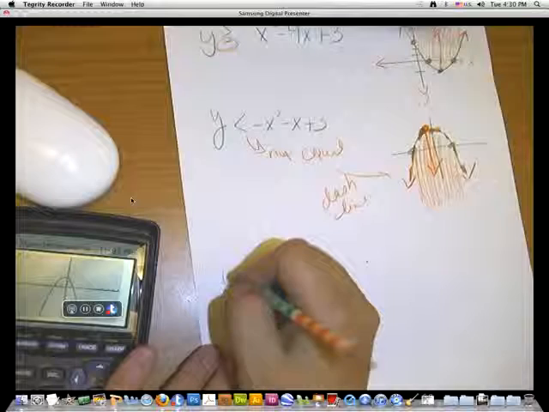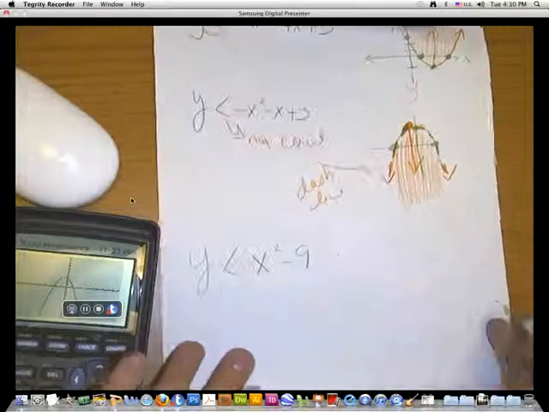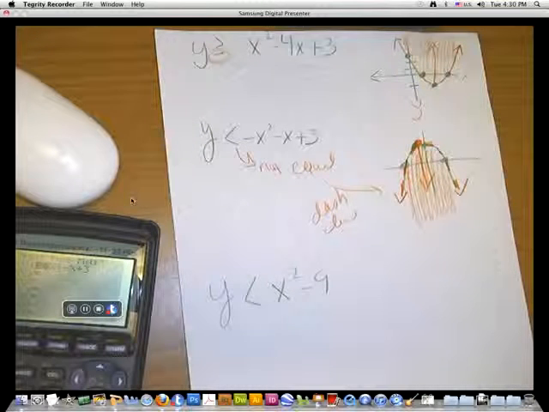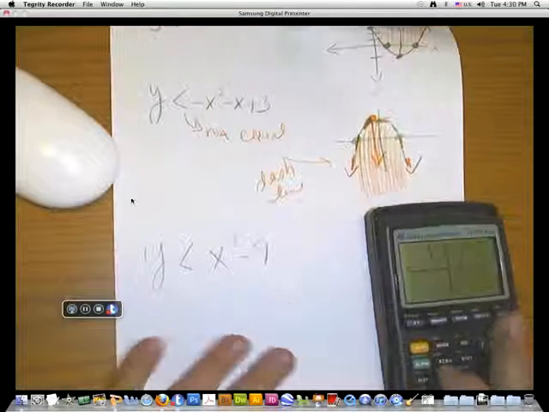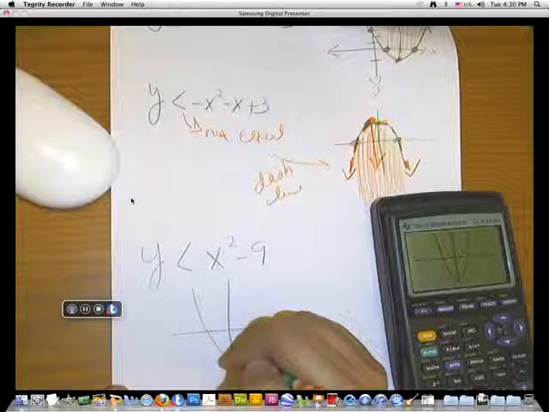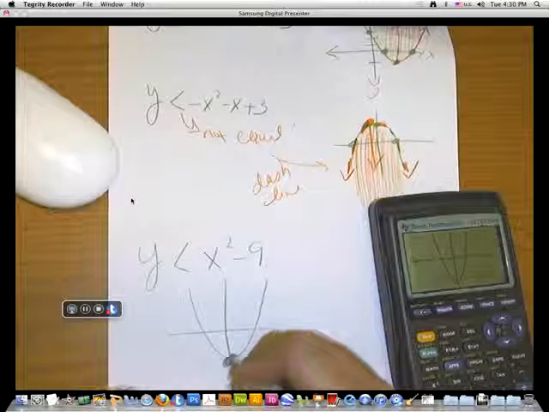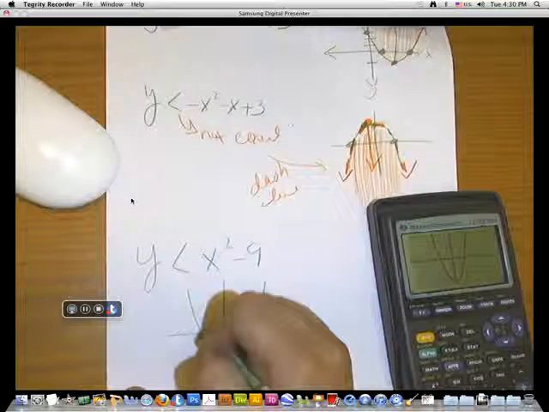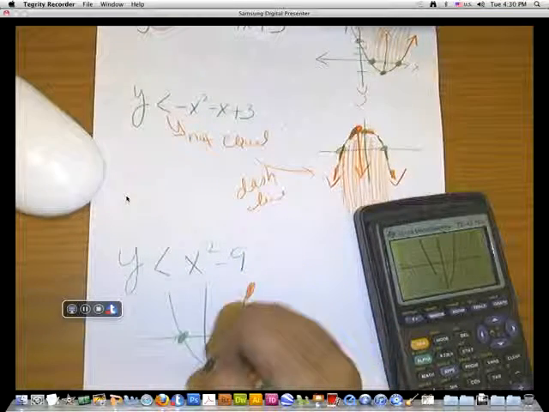All right, let's try it again. y less than x squared minus 9. If you put it into your calculator and graph it, here's our picture. Here, y-intercept, vertex, x-intercepts, and again, dashed.